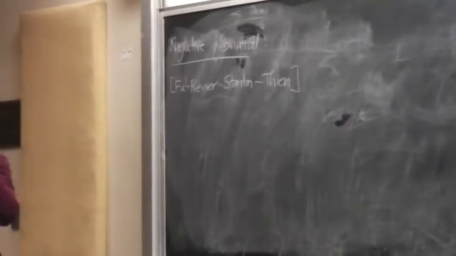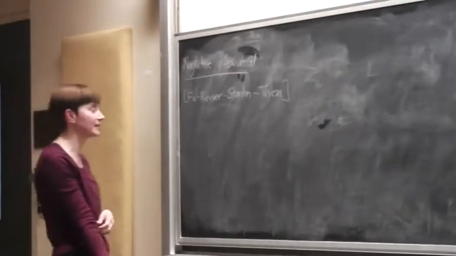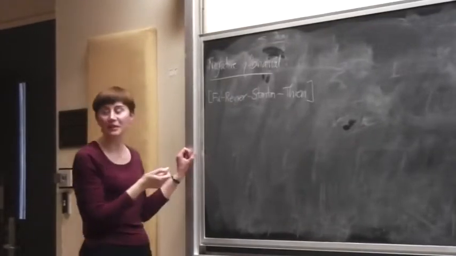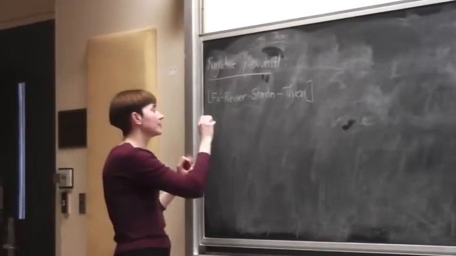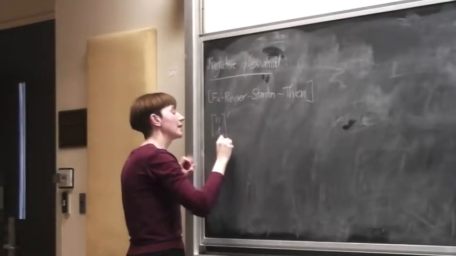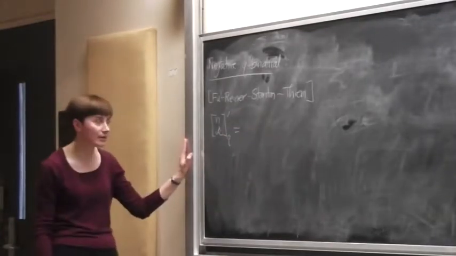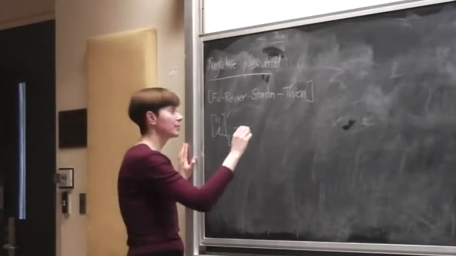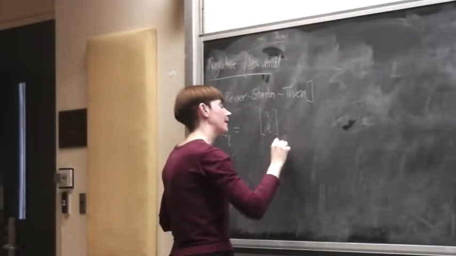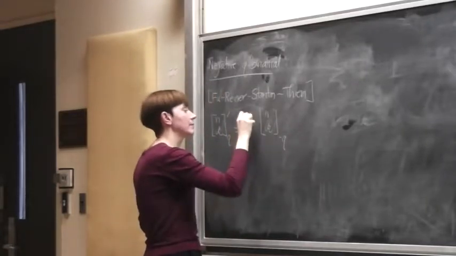He refused to tell me the correct pronunciation of his colleagues, so it's okay. So they had the following idea, very naive, seems sort of crazy: let's define the negative q binomial by replacing q with negative q and adjusting the sign.